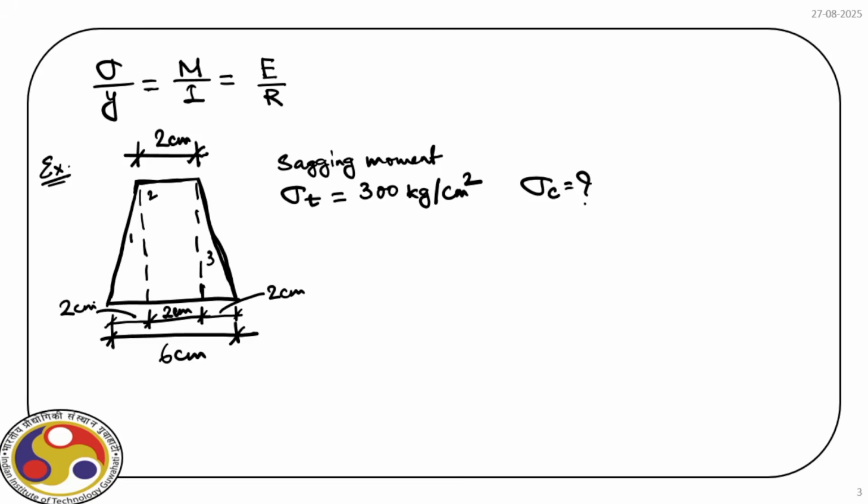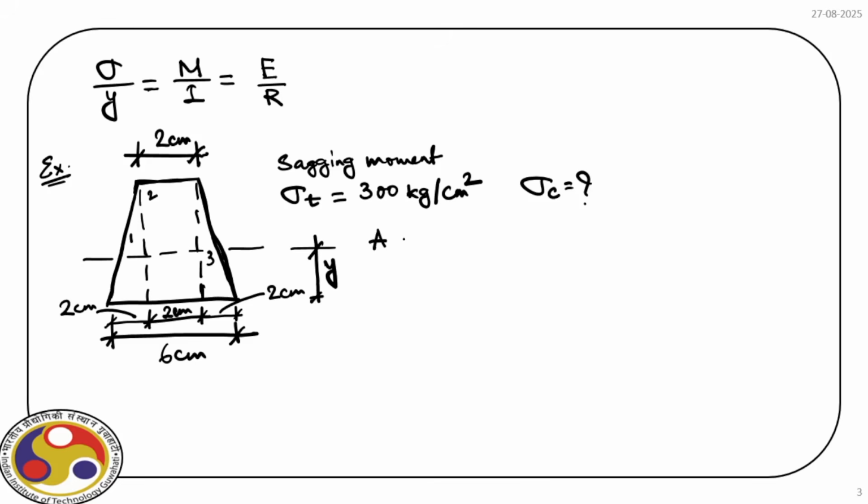Now for this cross section, let us first find out the location of the CG from the base. Let the CG be at Y from the base.